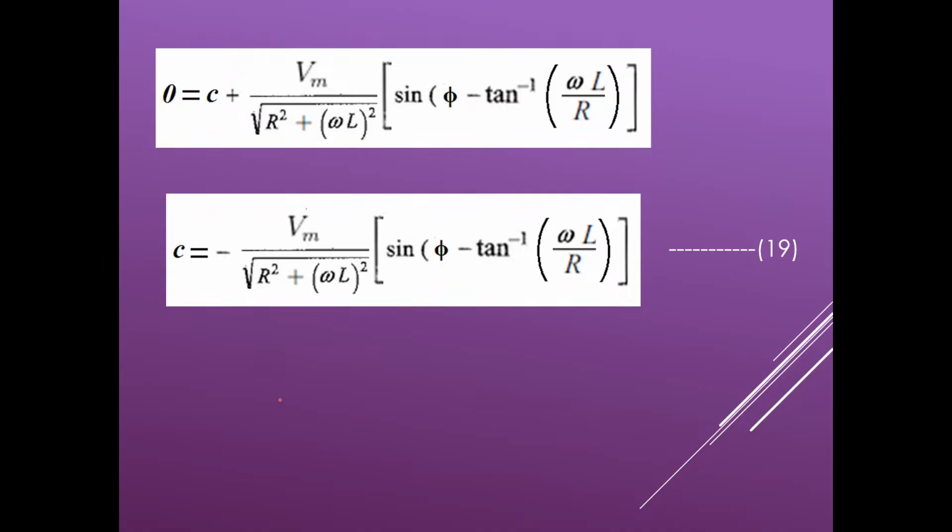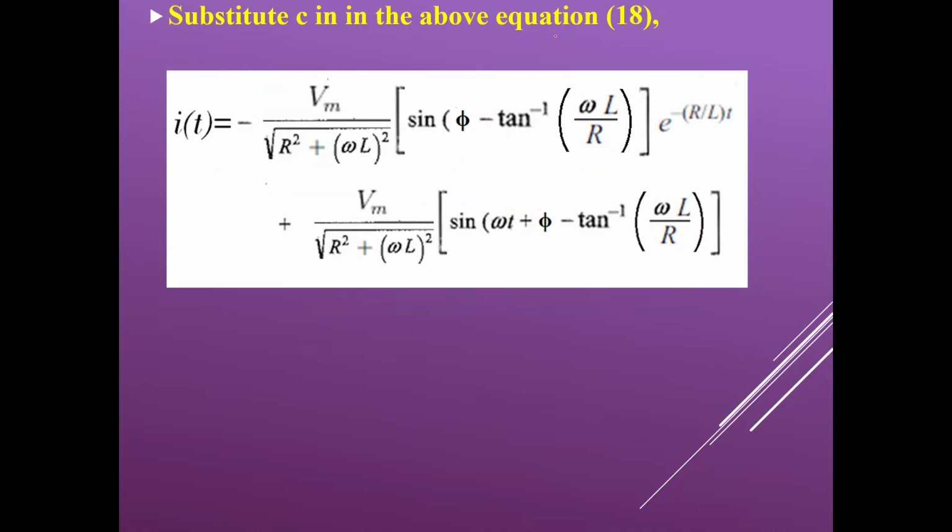Now substitute this C, that is 19, in your equation number 18. Substitute 19 in equation 18, you will get the response, or the solution of current, that is i of t equal to minus Vm by root r square plus omega L square into sine phi minus tan inverse of omega L by r, into e to the power of minus r by L t, plus Vm by root r square plus omega L square into sine omega t plus phi minus tan inverse of omega L by r.